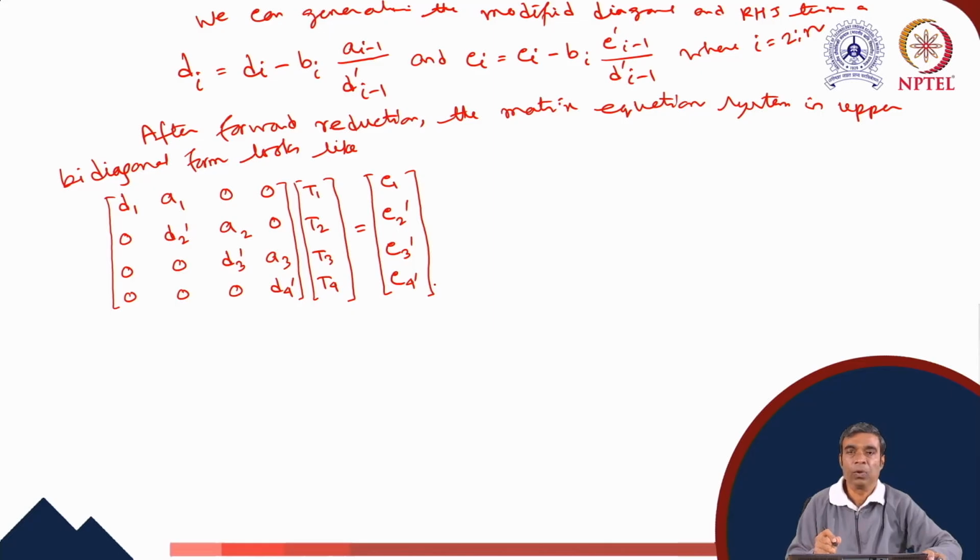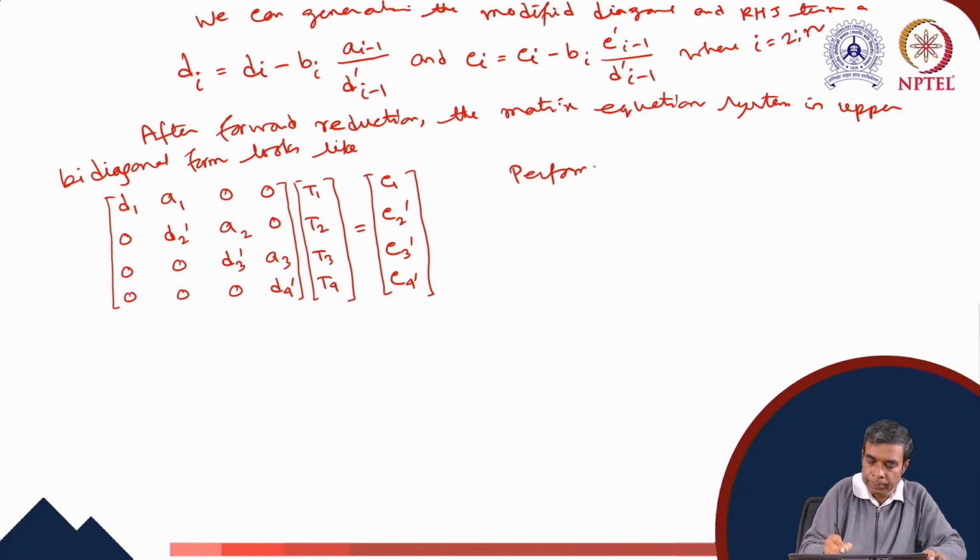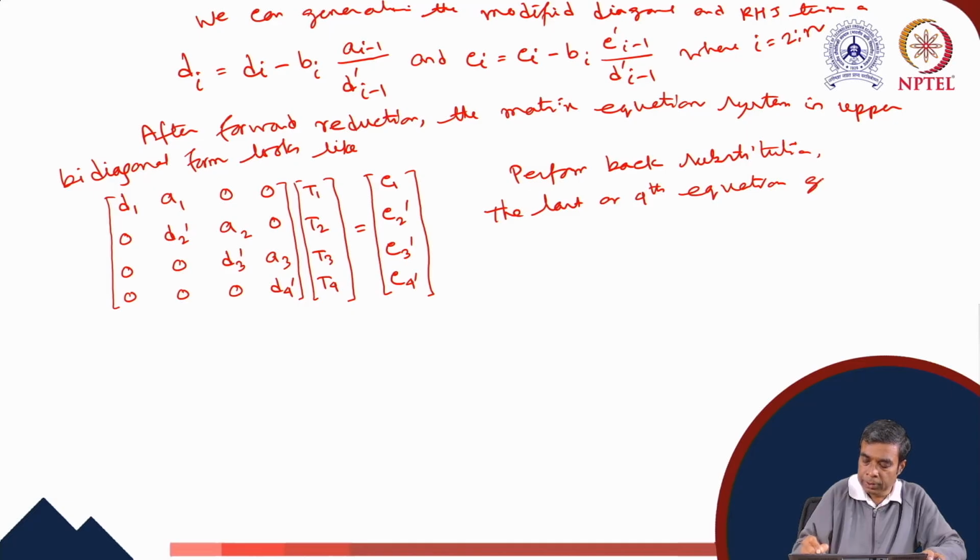So here we can perform the back substitution starting from the fourth or the last equation, and then we can calculate t1, t2, t3 and t4. Starting from t4 we can move upwards. The fourth equation gives d4 dash t4 equals c4 dash.